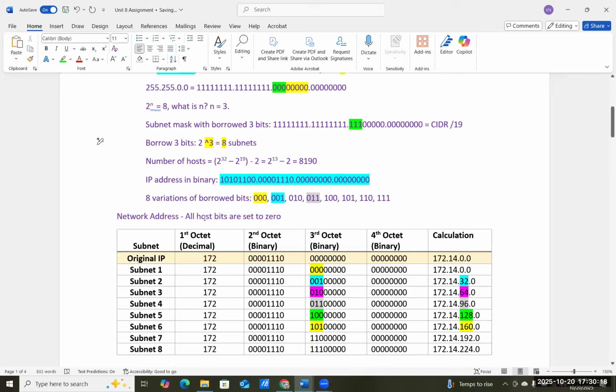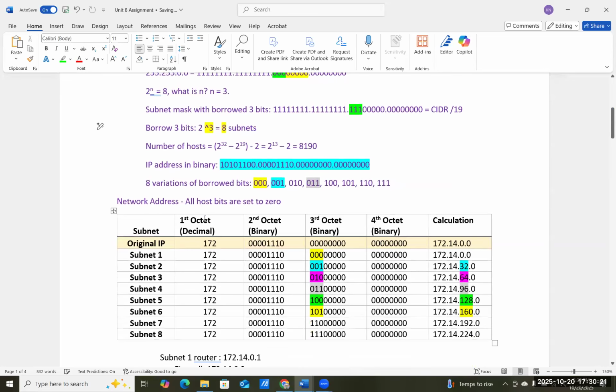Okay, so we talked about the variation, so now let's put it in the table. This is the tedious part. So in the table, that's the IP address that we're given, 172.14.0.0. And when we put this into binary, you can use your programmer calculator.